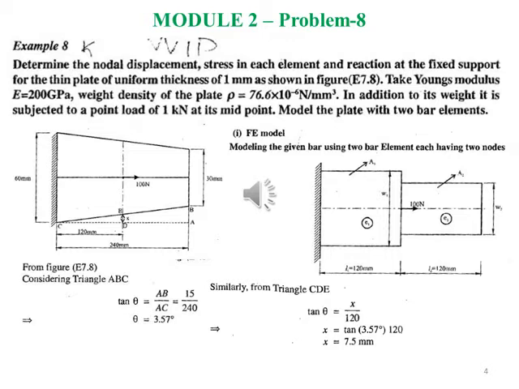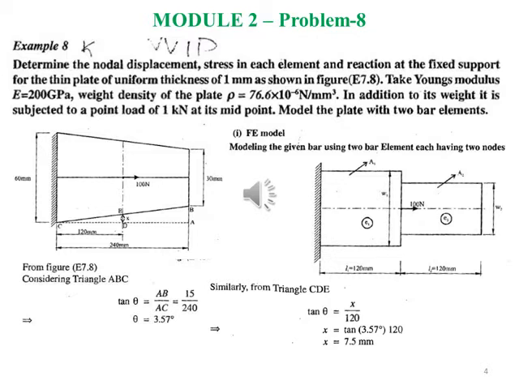So let us consider the FE model. Let us start with the solution. Modeling the given bar has two elements having two nodes each. It is written here. So left hand side it is fixed, 60 mm is the length.